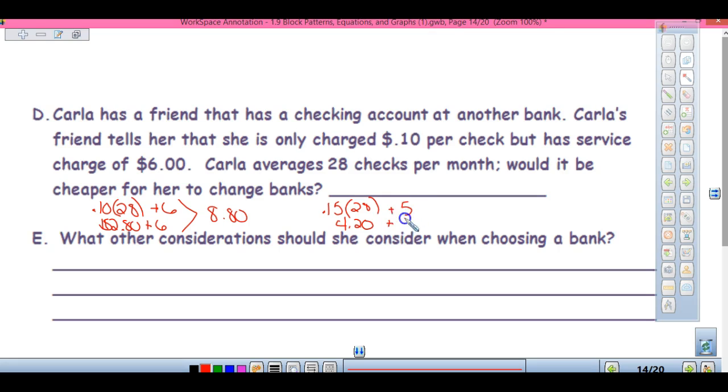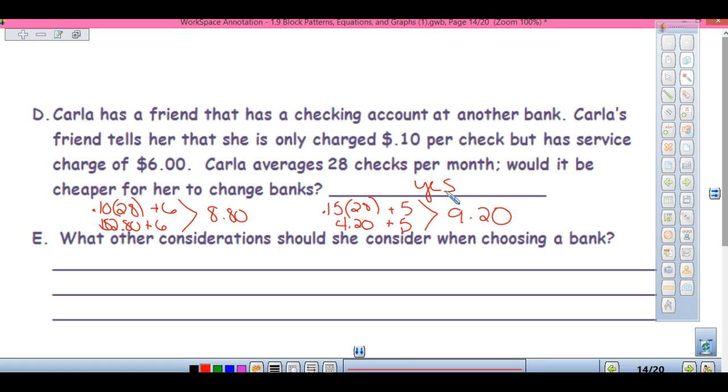Plus that $5 service charge gives her $9.20. So would it be cheaper for her to change banks? Oh yeah, it would. 0.15 times 28. Yeah, sorry. Yeah, it does.